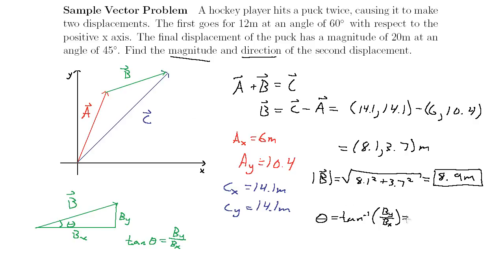So this is the inverse tangent of 3.7 over 8.1, and this is equal to 24.6 degrees. Okay, and then we're done. So we have the magnitude and the direction of this second displacement.